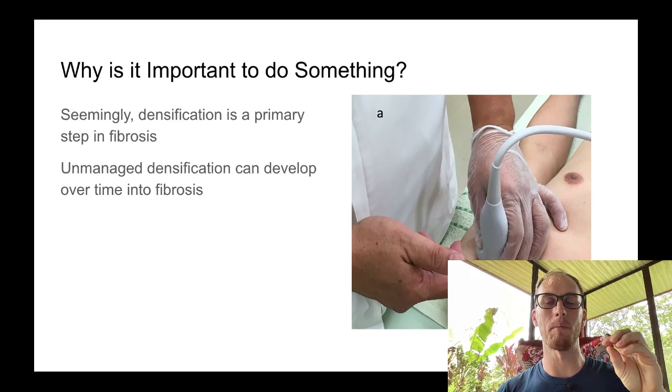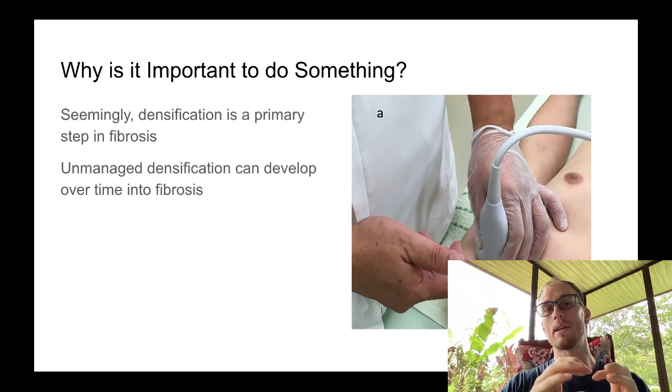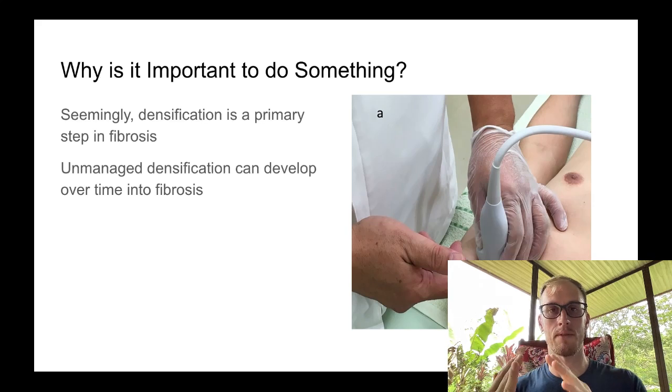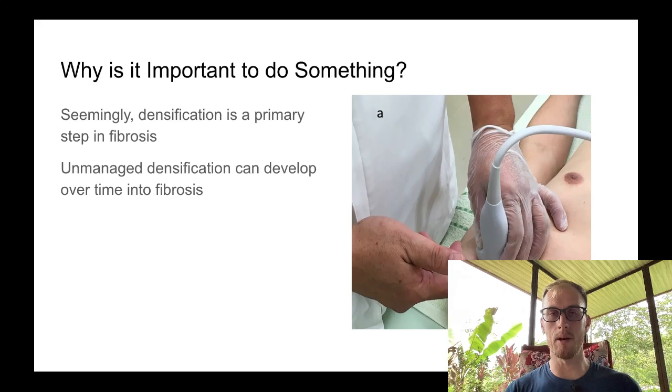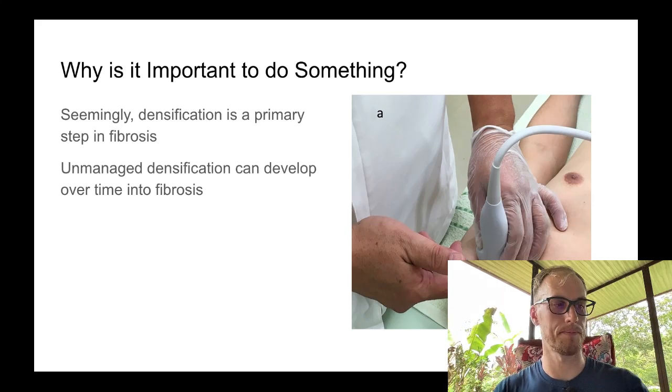And so it's much better for us if we're able to get on top of things while it's still a densification than if we allow it to continue and for it to develop into fibrotic tissue, which oftentimes requires a combination of surgical intervention, significant manual and physical therapy, and over a much longer period of time. So essentially, unmanaged densification can develop into fibrosis.